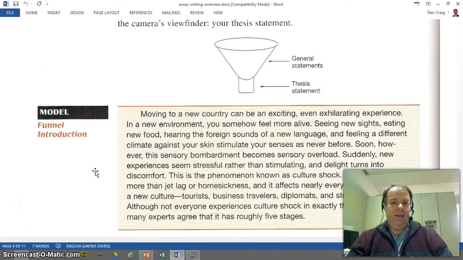They play on these common experiences that people have when they go abroad and some feelings of discomfort that they have. And then by the end, they're being very, very specific and stating that there are basically 5 stages of culture shock. Now, from this statement, we know that the essay is probably going to have 5 body paragraphs describing each of those stages.